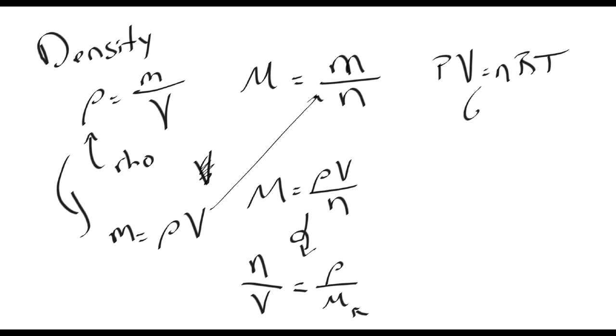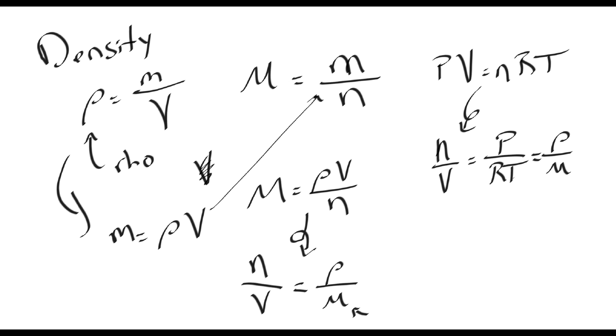Now let's rearrange PV to get us n over V. It's going to be equal to P over RT. So P over RT is equal to rho over M. Wow, this is kind of strange. Why are we doing this?